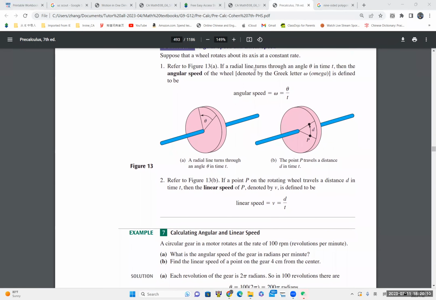For example, on this, we just call it a disk. On this disk, if a point is here and another point is closer to the center, then they have the same angular speed but different linear speed, right?